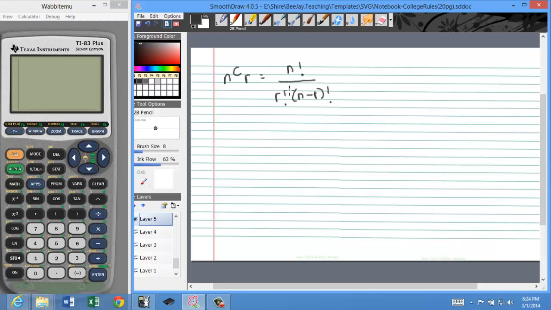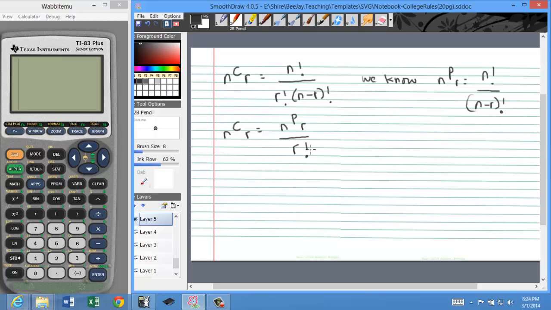If you observe closely, all of that is nothing but nPr, because we know nPr is n factorial over n minus r factorial. So nCr is nothing but nPr over r factorial.